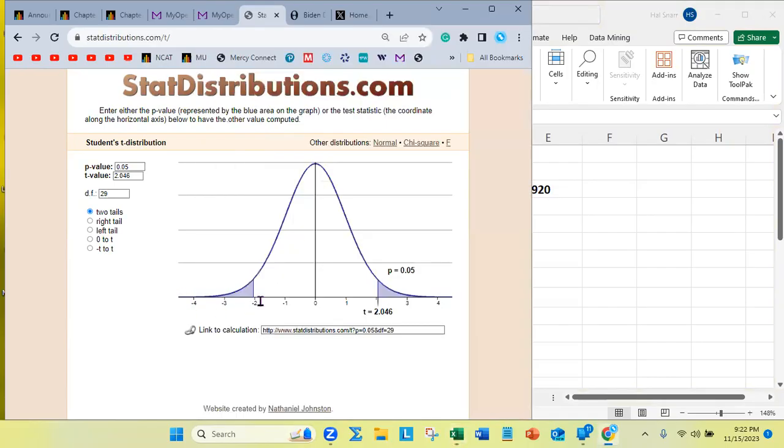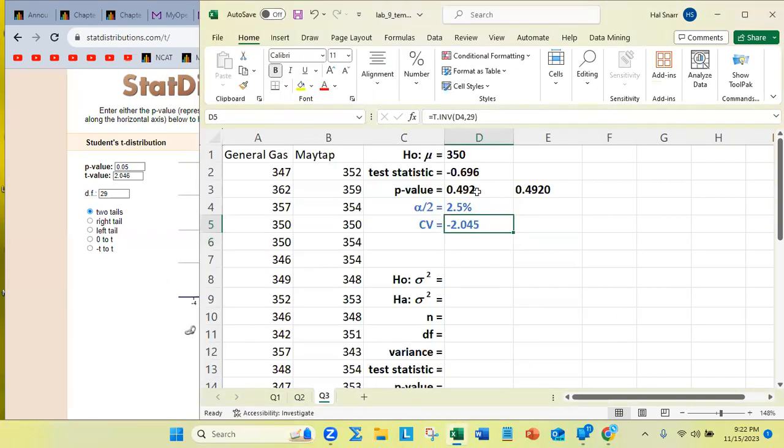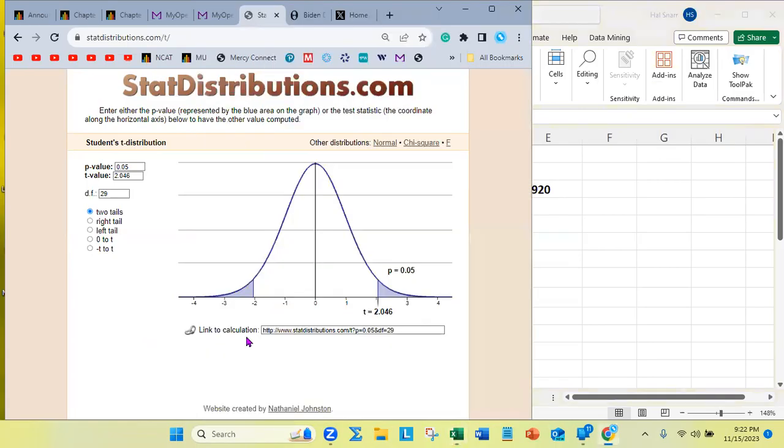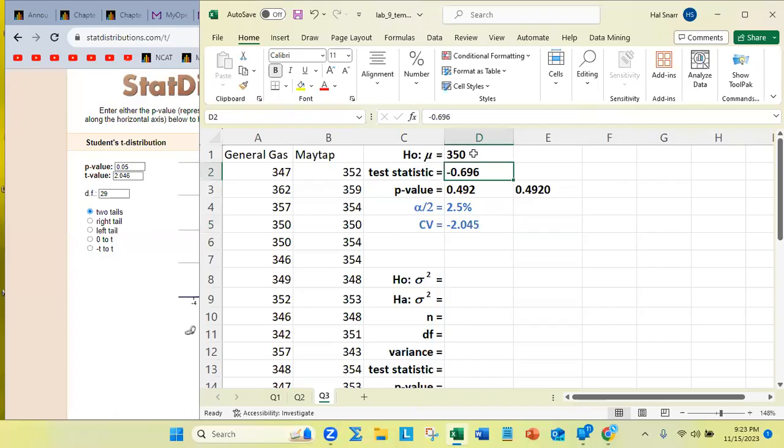Okay. So what is the conclusion of my test? My test statistic is negative 0.696, right? So the difference between the sample mean and 350 is negative because the test statistic is negative. So my sample mean is less than 350, right?